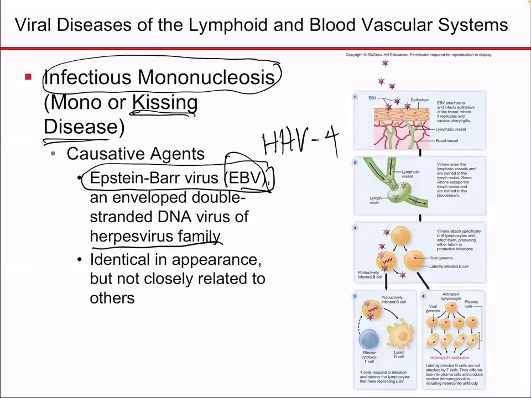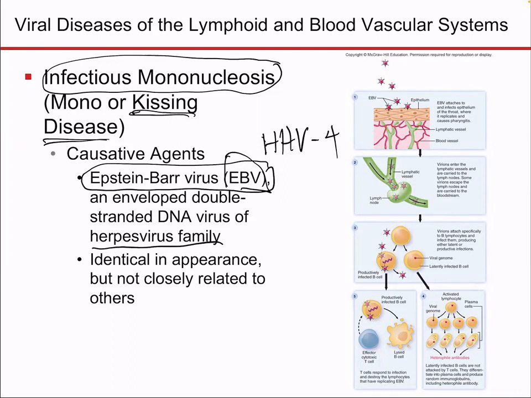Most cases of infectious mononucleosis are mild or moderate, but symptoms of the infection can include fatigue, fever, rash, swollen glands.